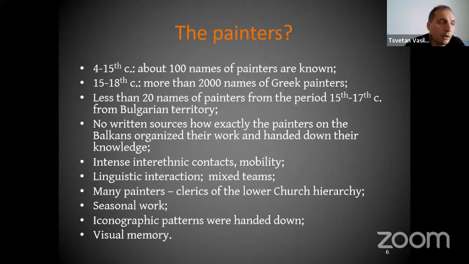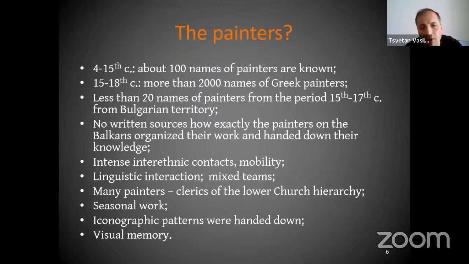And now it is very interesting to try to find different churches painted by one and the same painter or one and the same team of painters. So in a few minutes, I will show you such a project we were trying with colleagues from the Institute for Art Studies in the Bulgarian Academy of Sciences.